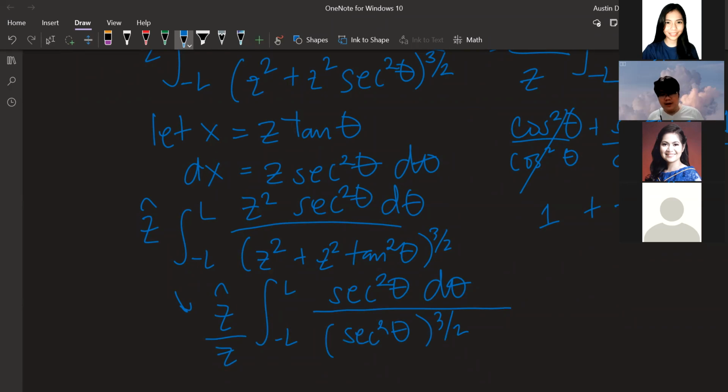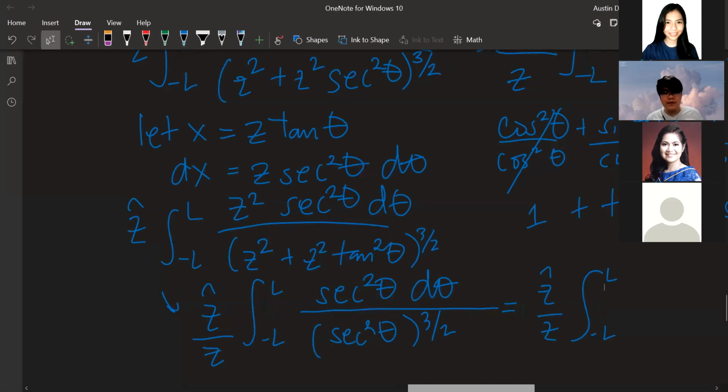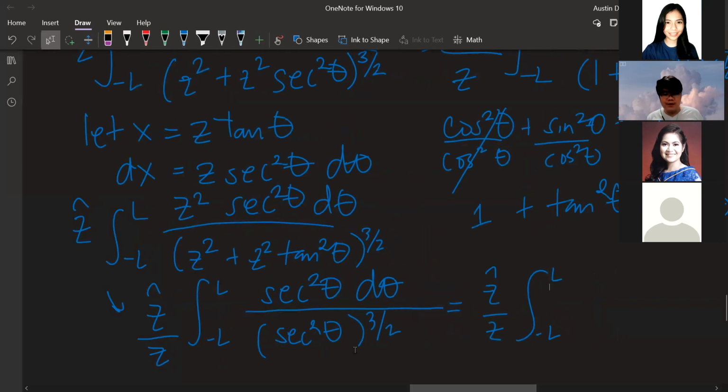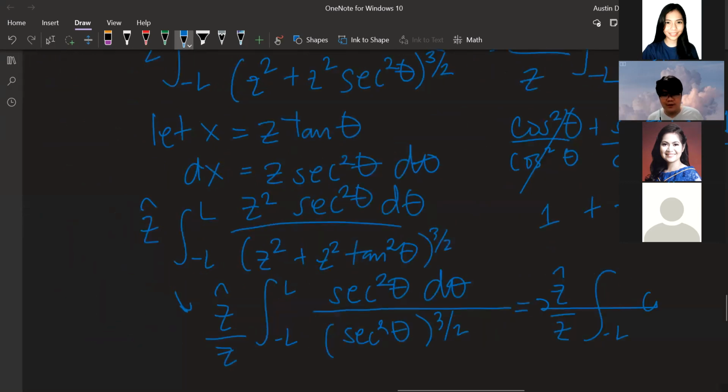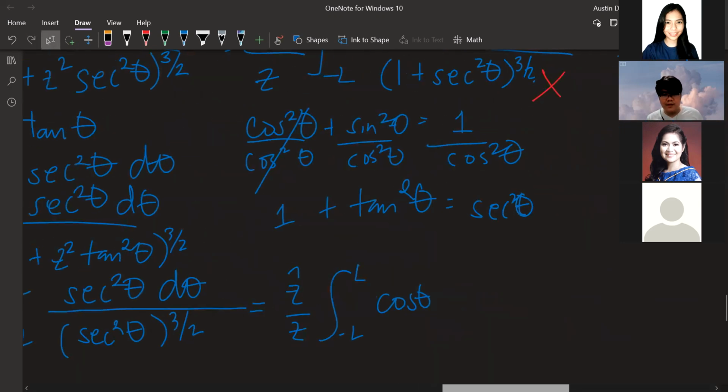And this leaves me with z hat, negative L. So, cancel mo yung squared. May iwan ako ng cube sa baba. So, secant squared over secant cube, that is 1 over secant or cosine theta. Ang galing. Cosine theta d theta.